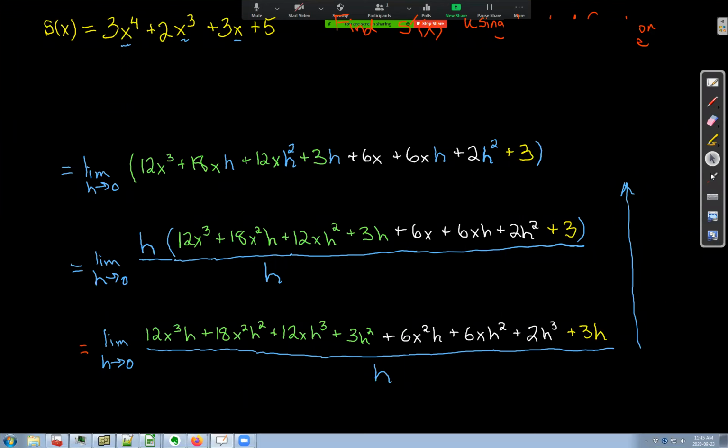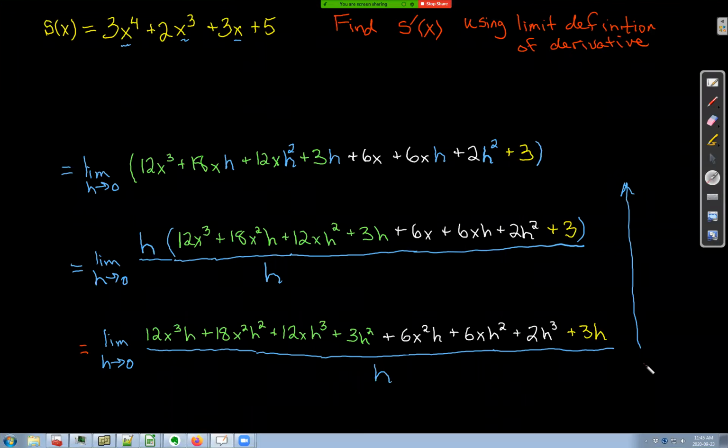Okay, so we're almost done. I'm going to be working from the bottom upward here. So this is where we just were. And what we noticed was that every term in the numerator has an h, so we factor that h out.